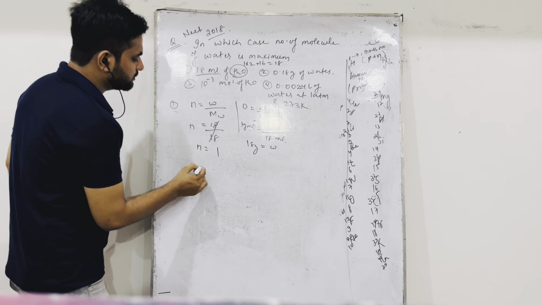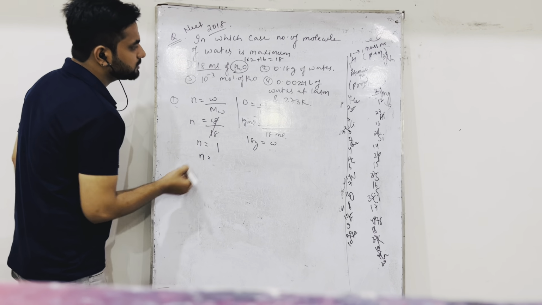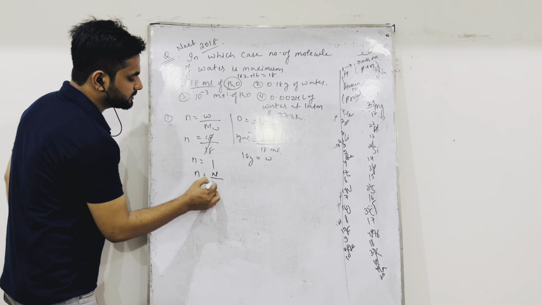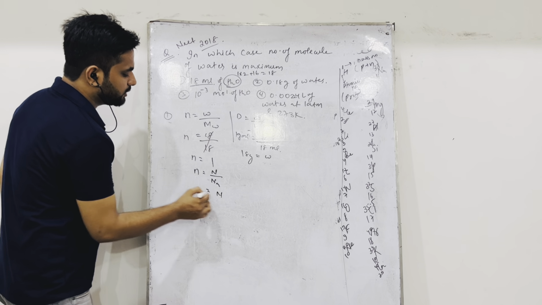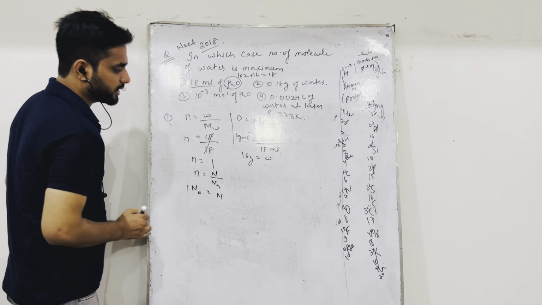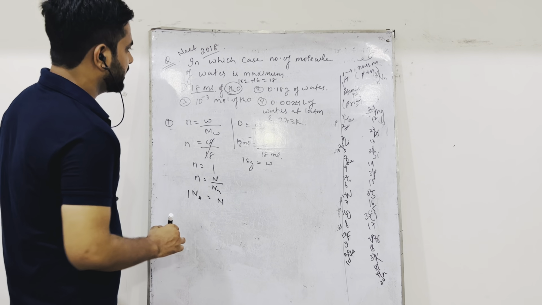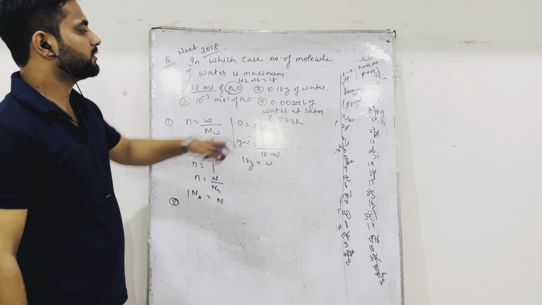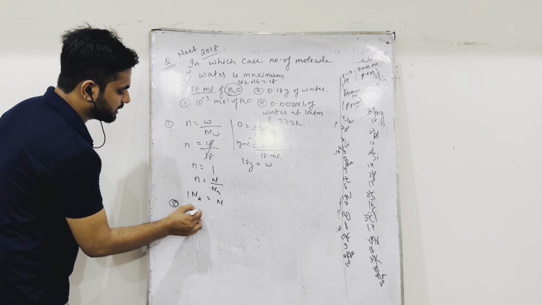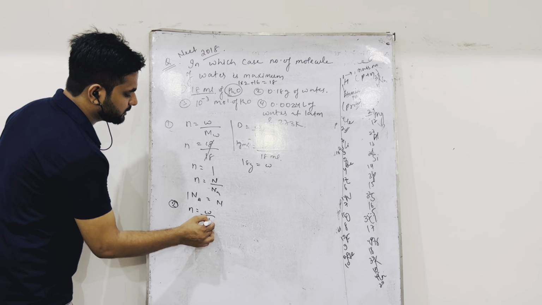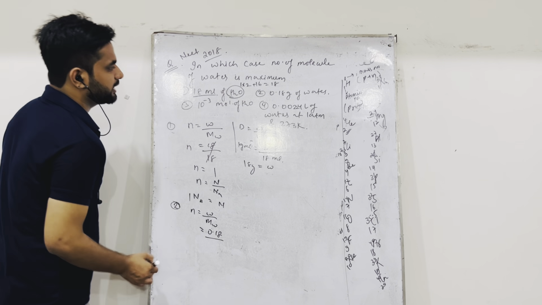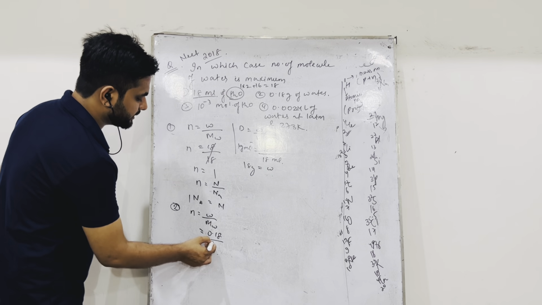Now we have to find the number of molecules. N is equal to number of molecules upon Na, so the number of molecules is 1 Na. The second one is 0.18 gram of water, N is equal to W upon mW, that is 0.18 gram divided by the molecular mass of water, 18.